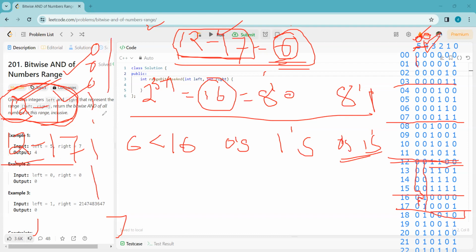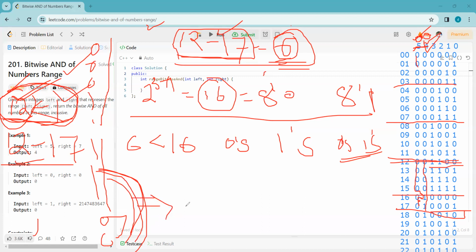That means all the zeros will complete and then the ones will start. And since the left number is itself 12, which is greater than the right number, the pattern is like some ones and then zeros. That means it definitely contains some zeros, some ones, so it will also be 0.